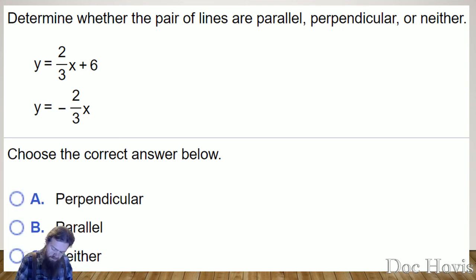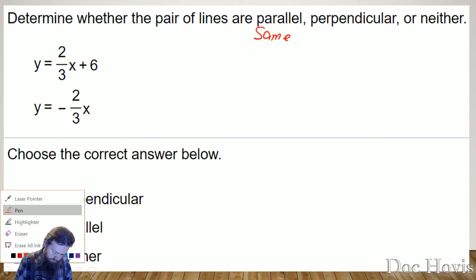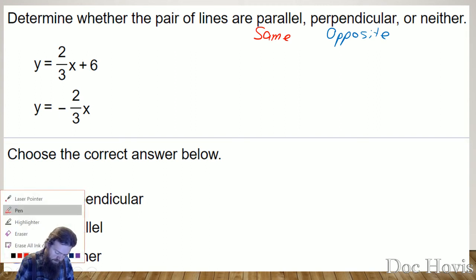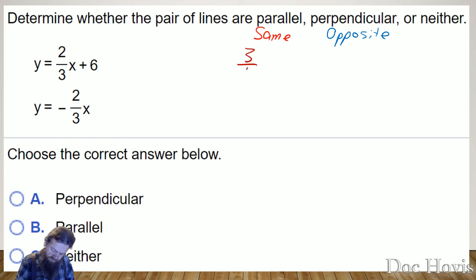Parallel lines are the same. Perpendicular lines are opposite. So same would be like saying 3/4 and 3/4.